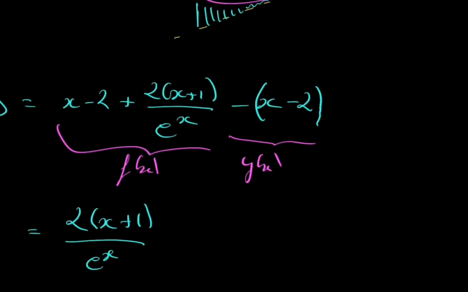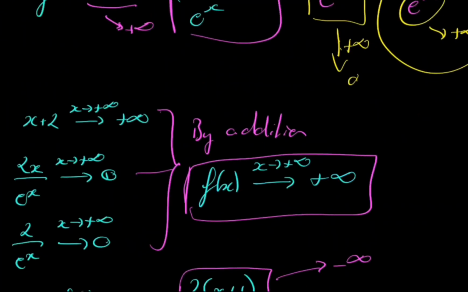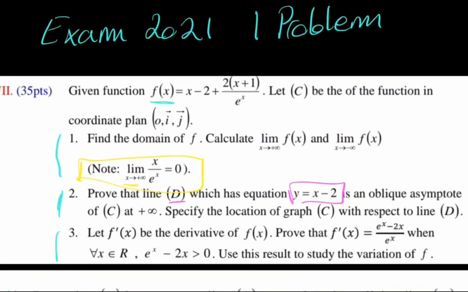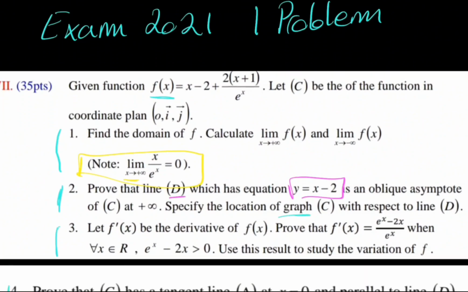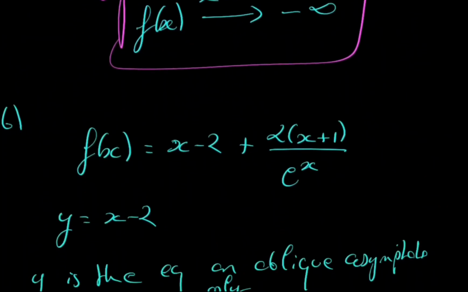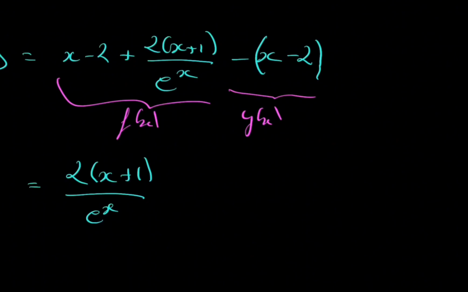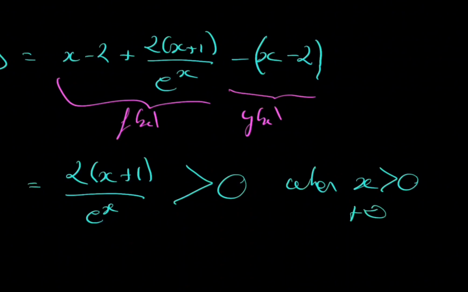And we can see that firstly we wanted to know the location of the graph with respect to the line. So we're doing something like f minus y. We've got this thing that is strictly superior to 0 when x is strictly superior to 0, the case we're in, because we want to go to plus infinity.